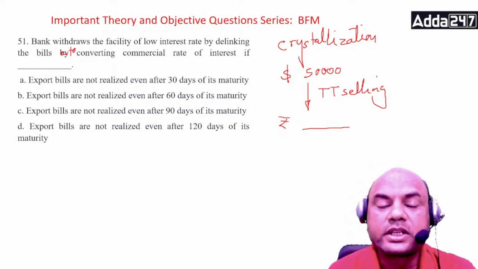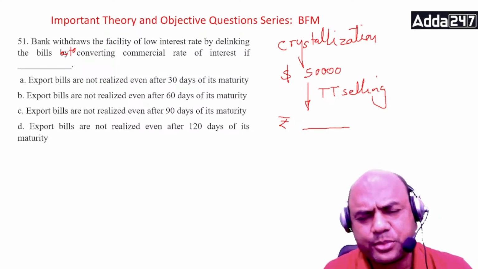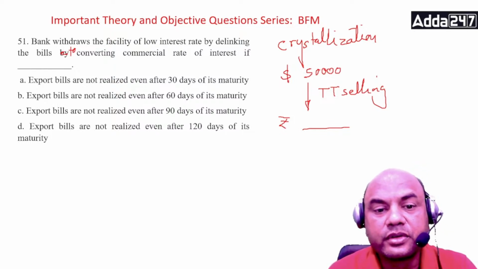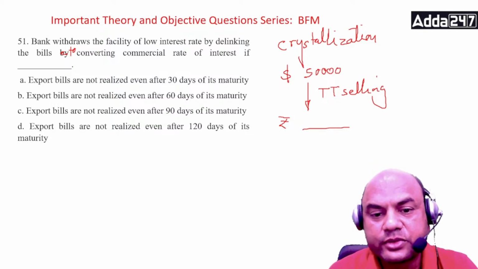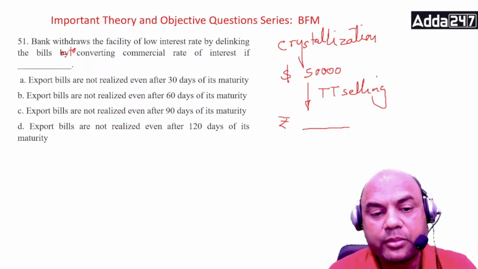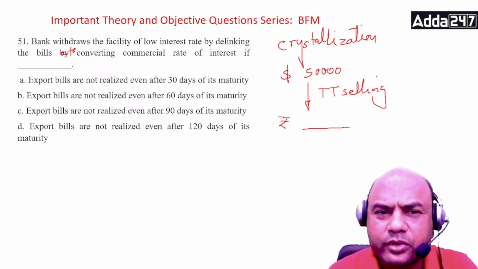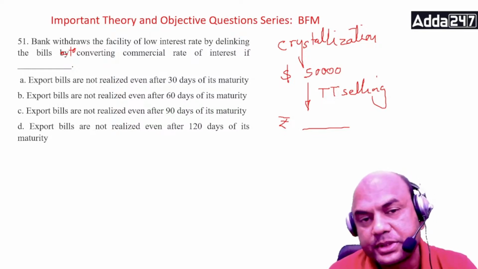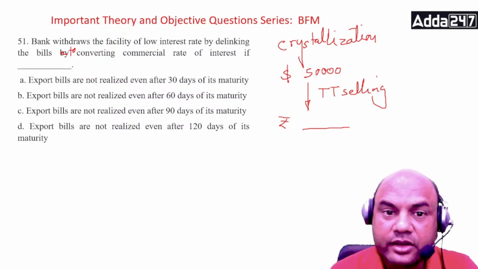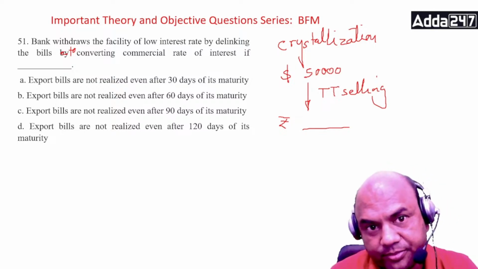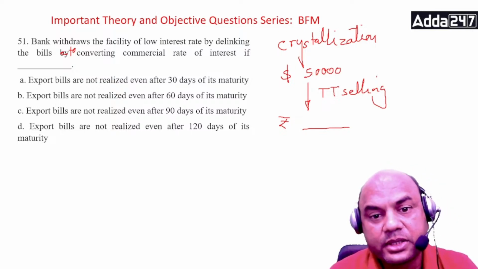Bank is expected to receive the amount of such export, whatever funds we have given, from the overseas buyer on the due date agreed upon between the buyer and the seller. So it should come on the due date. Now, the special permission RBI gave is for sight bills, not for these maturity or due date bills.